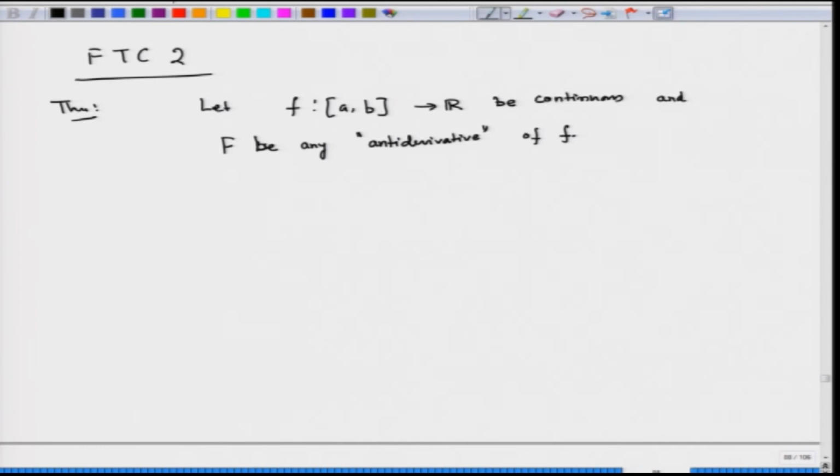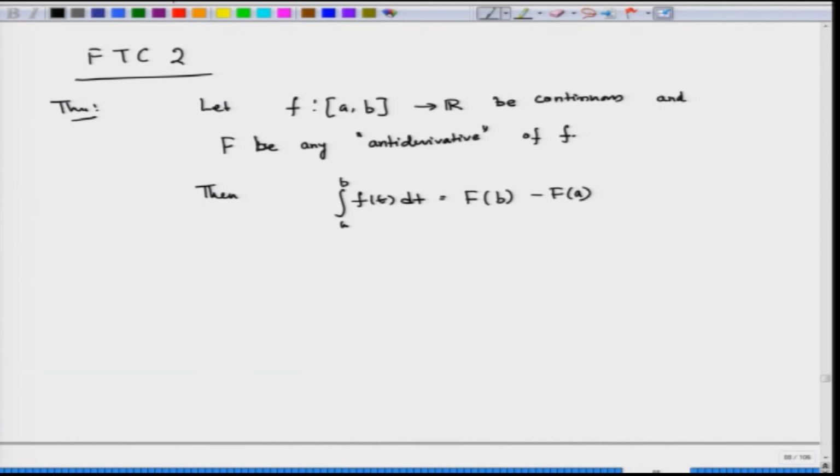That is, capital F prime is equal to f of x. It can be any antiderivative. What we have seen is that if F is an antiderivative, then F of x plus c is also an antiderivative. Okay, then the integral from a to b of f(t) dt is equal to capital F of b minus capital F of a.